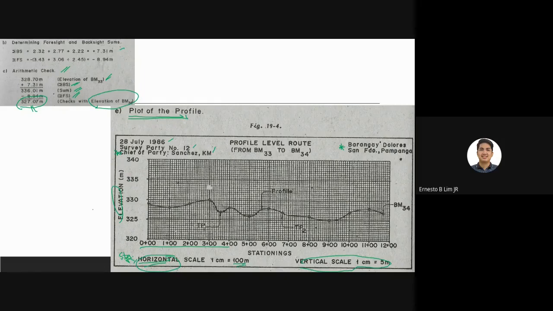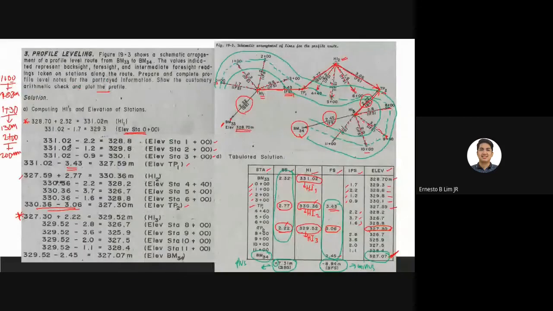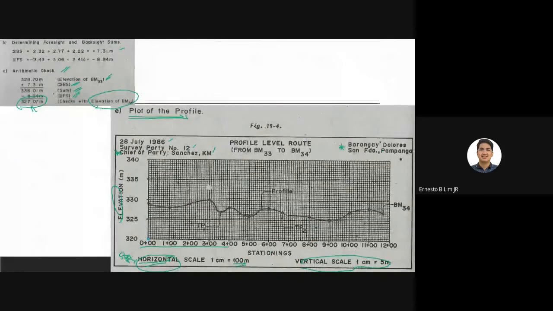Say for example for station 0 plus 00, the elevation at station 0 plus 00 is 329.3. So you have to plot 329.3.